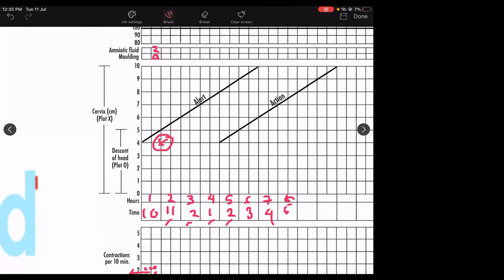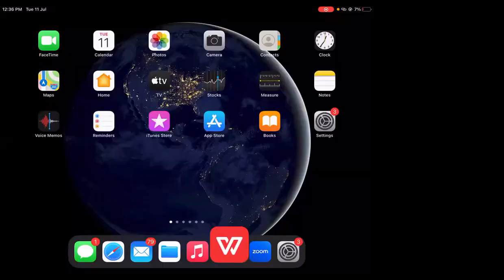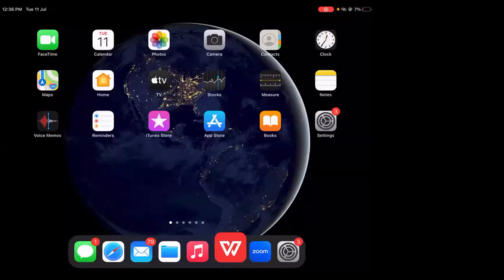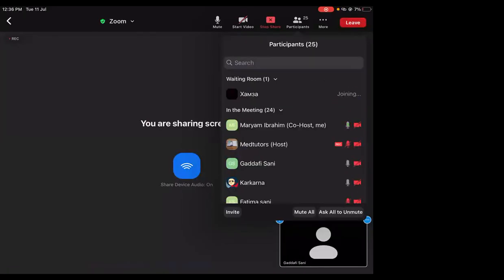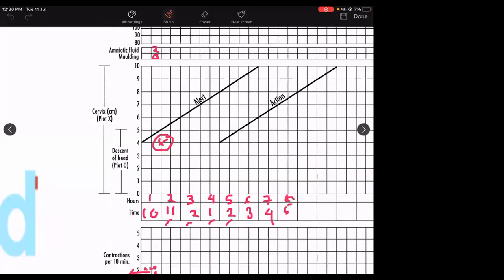So at 2 p.m., you did a repeat vaginal examination for this woman. And you found out that now she is at 9 centimeters cervical dilatation. So this is your line for 10, 11, 12, 1, 2.